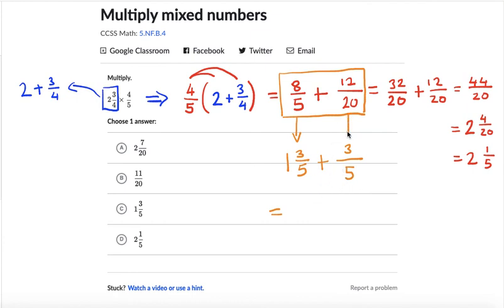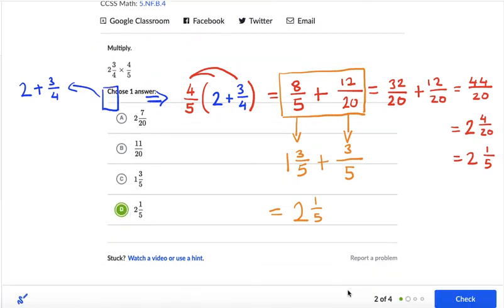All we've done is the same thing from a different perspective. We've got 3/5 plus 3/5, which is 6/5, so we carry over the 1 and we get 2 and 1/5 as well. So a couple of different ways of looking at that.